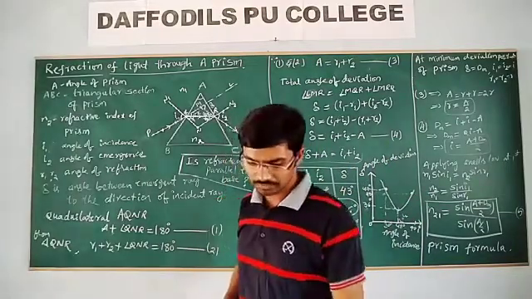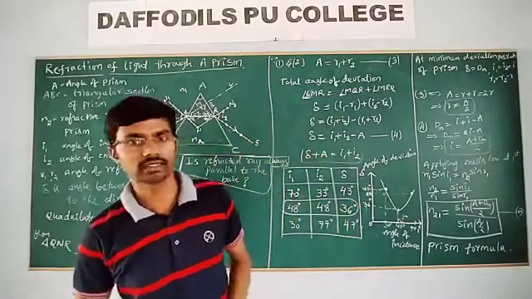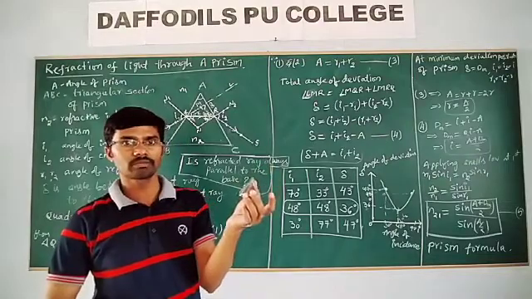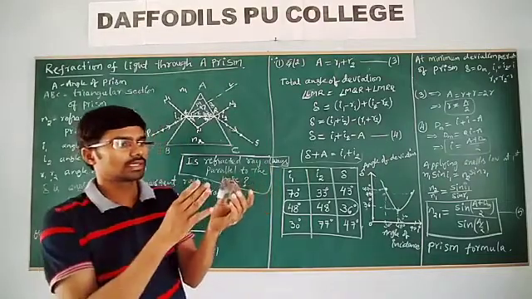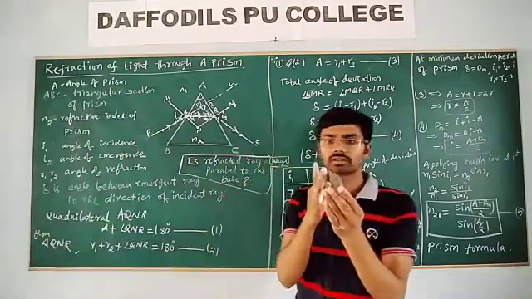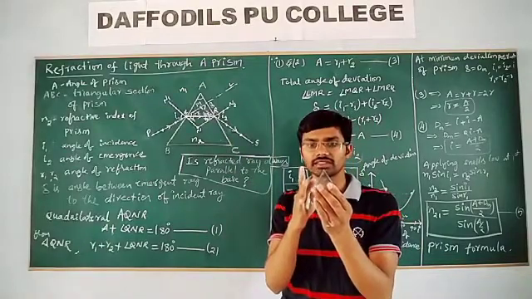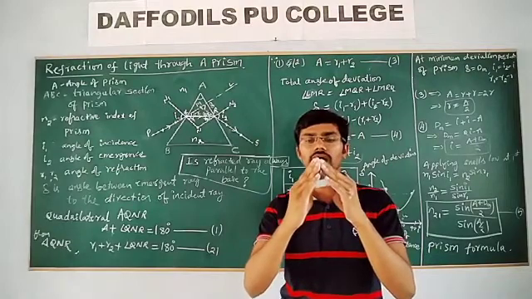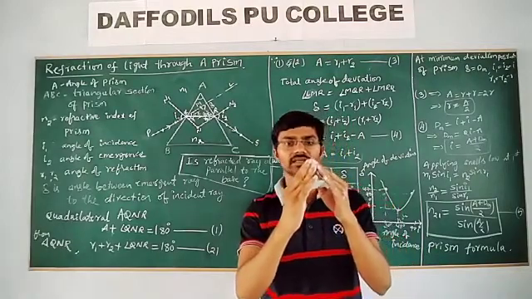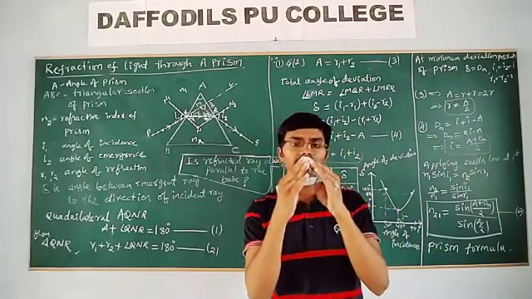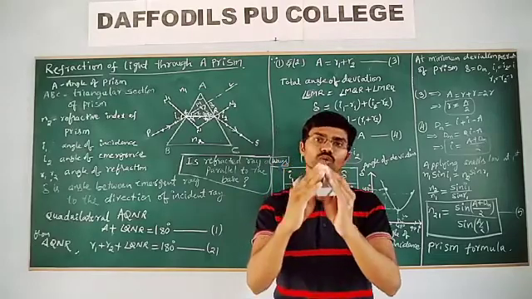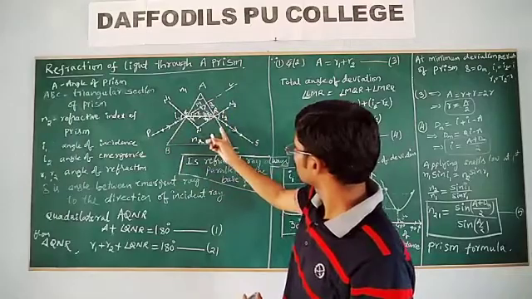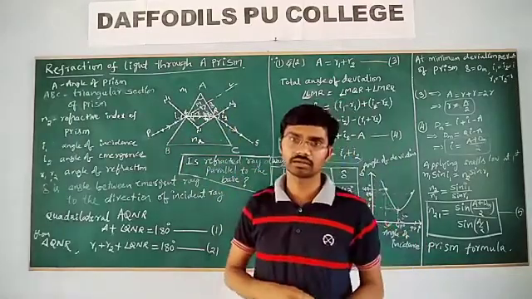And moreover, when we have taken the triangular section of a prism, the light rays incident on these faces of the prism, the refracting faces, are at a certain angle, so you can observe that the incident ray and emergent ray make some angle.